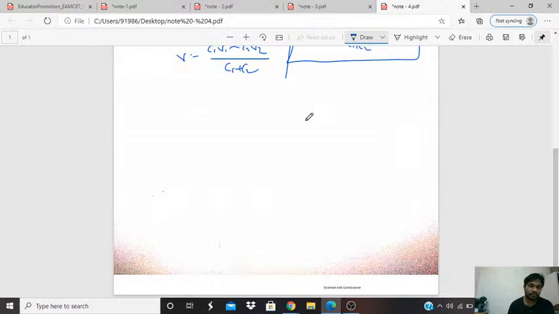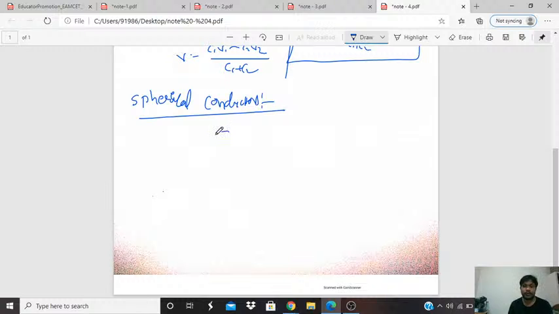Suppose here, take two conductors, spherical conductors.